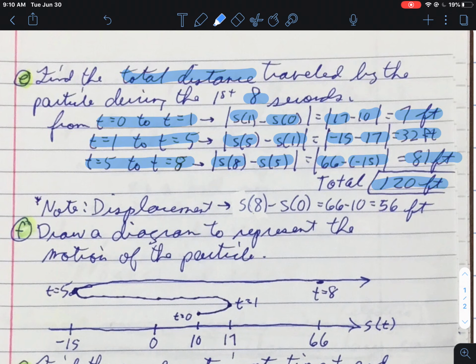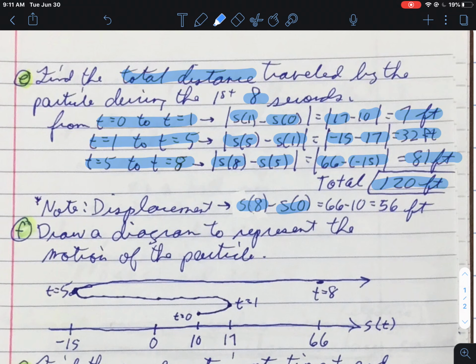Now again, that is different from displacement. If I asked you what was the displacement of that particle over the first 8 seconds, that is straightforward. Where was the particle located at t equals 0, and where was the particle located at t equals 8? And so s of 8, which we just said was 66, s of 0, which was 10, that's our starting point.